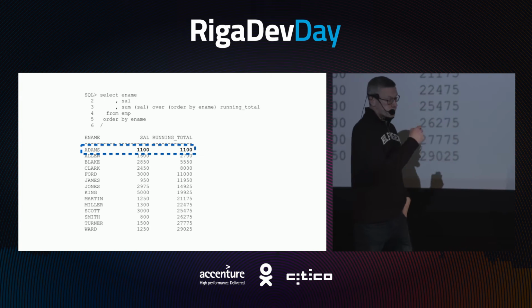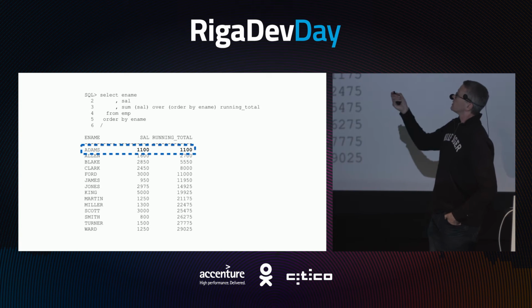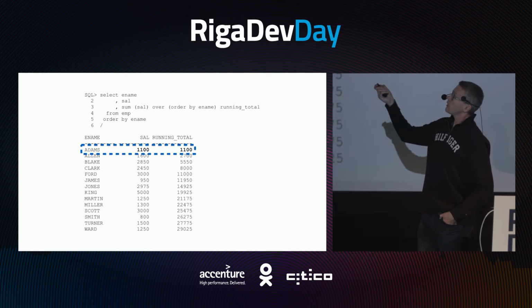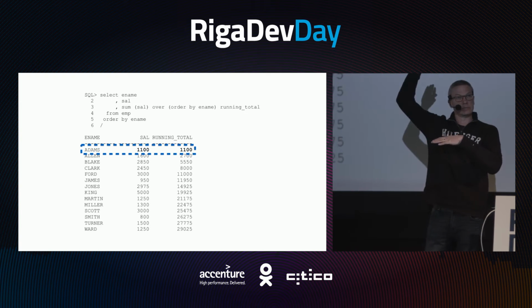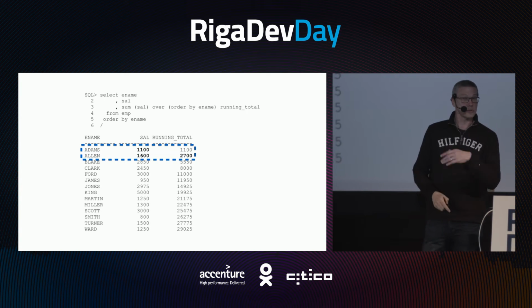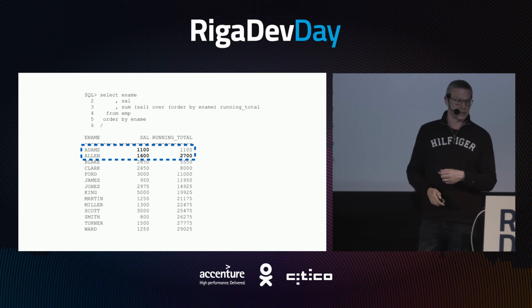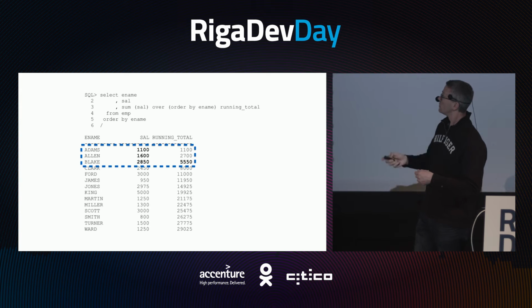So if you look at the first row over there, Adams, he's got a salary of 1,100. So you can see his salary and everything that was already in range, which is just his salary, 1,100. Go to the second row, add to that Alan's salary, and you get 2,700, and so on, and so on.